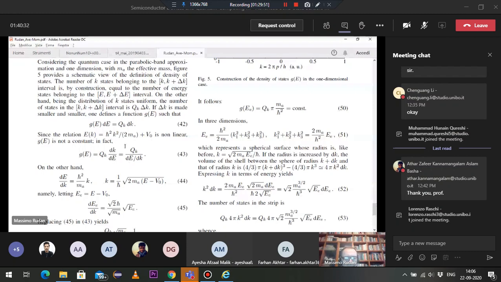You write it in this form, so you put dE over dk in the denominator. And then, of course, you extract dE over dk from this relation, and what you get is dE over dk is equal to h bar squared divided by the mass times k.